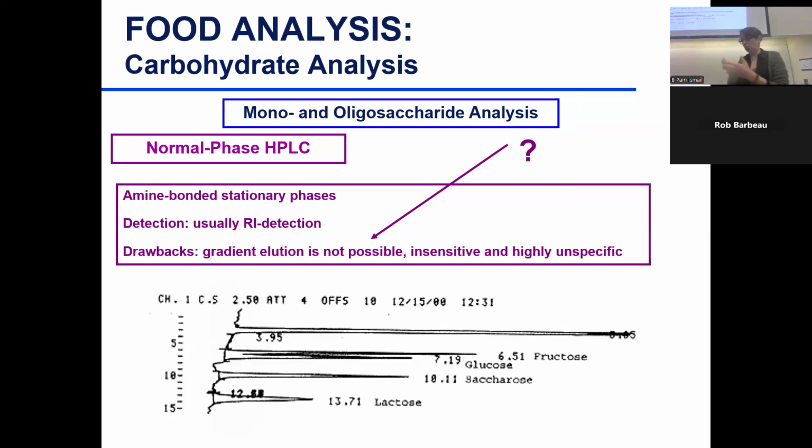Exactly. So if the components of the mobile phase are changing, it's going to impact your refractive index, so you will have convoluted results. So you need no impact of the mobile phase. You want to have it constant, and then any change in refractive index will be due to your constituents.